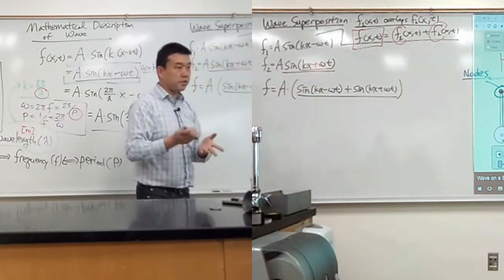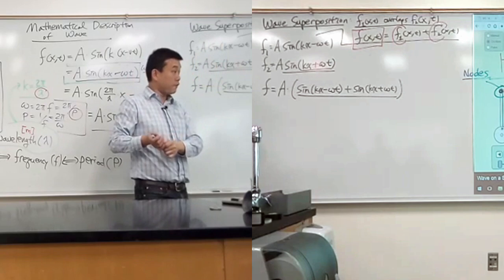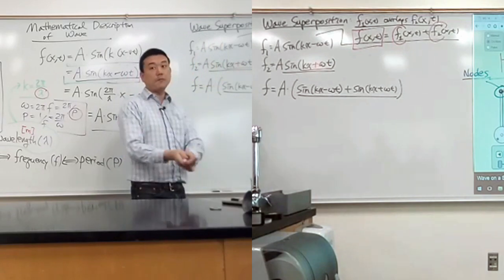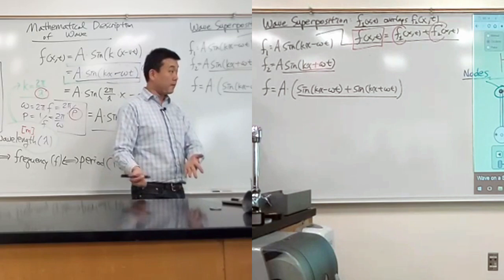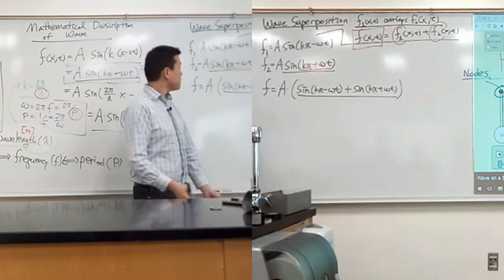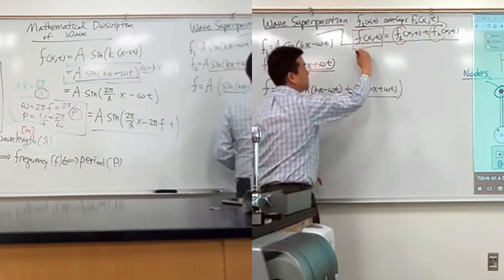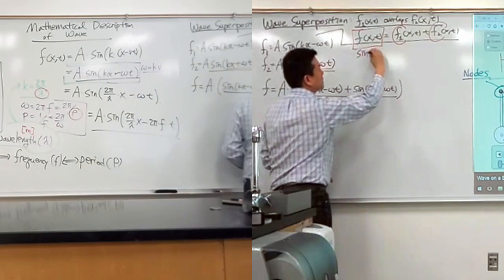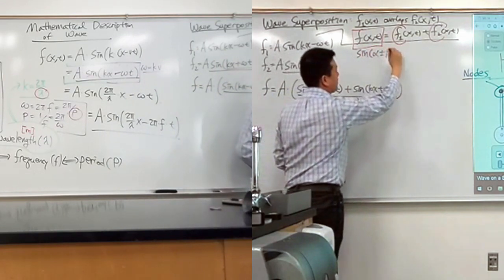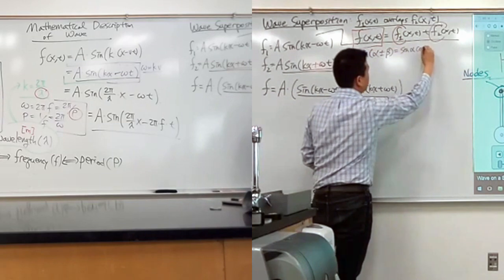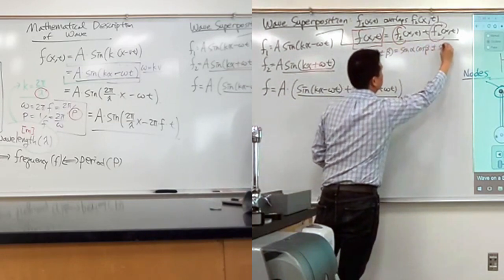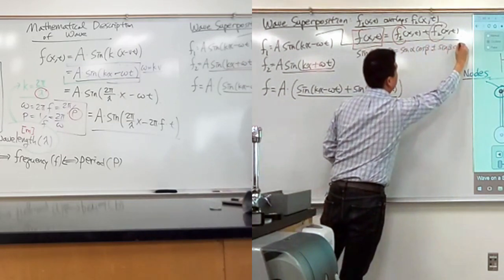This is where you need the trig identities that I've mentioned several times this semester. This is the most useful trig identity that I know that a lot of people forget. It's the angle addition formulas. The one I'm going to use here is the sine angle addition formula. Sine of alpha plus minus beta is equal to sine of alpha cosine of beta plus minus sine of beta cosine of alpha.